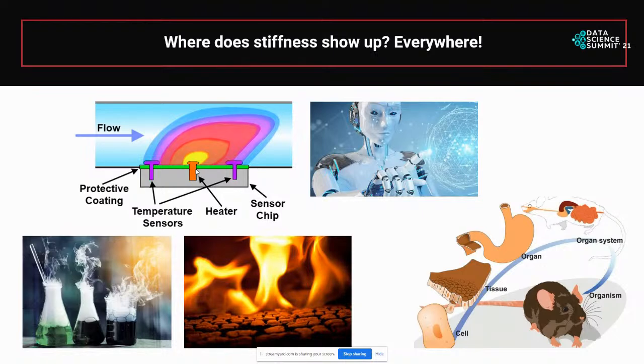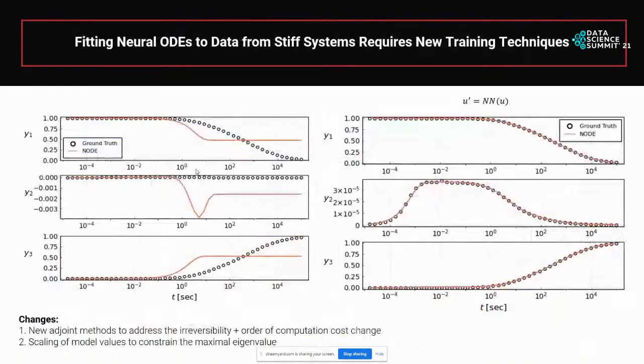If you build a robot, or if there's heat involved, or chemicals, or biology, or physics, if you do anything, there's stiffness involved. So maybe not in something like predicting what movie someone will watch, right? The Netflix problem or the Amazon problem might not have stiffness, but engineering and science do.